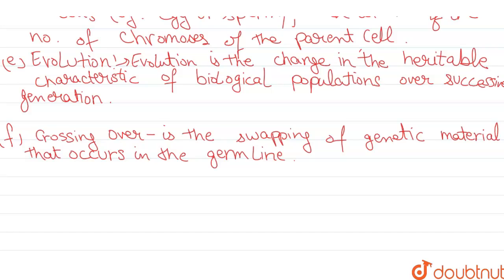Paired chromosomes from each parent line up so that similar DNA sequences from the paired chromosomes cross over one another.